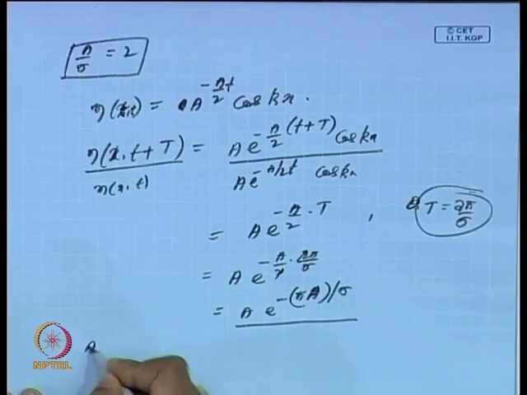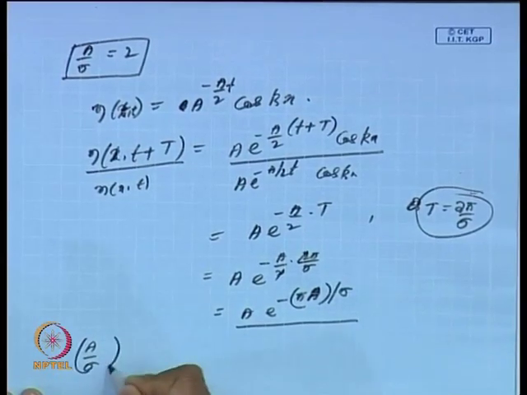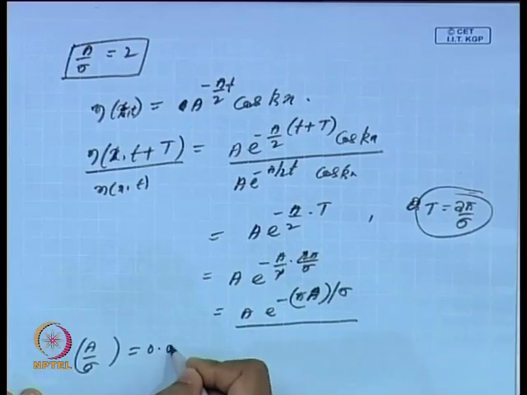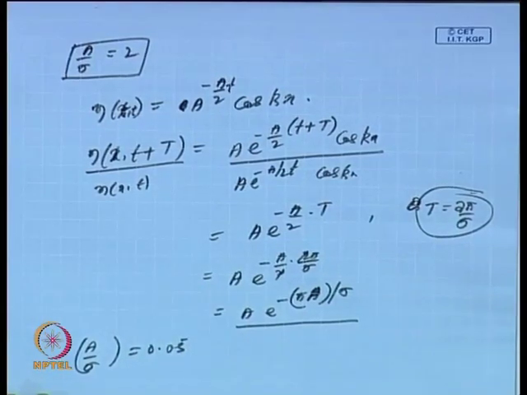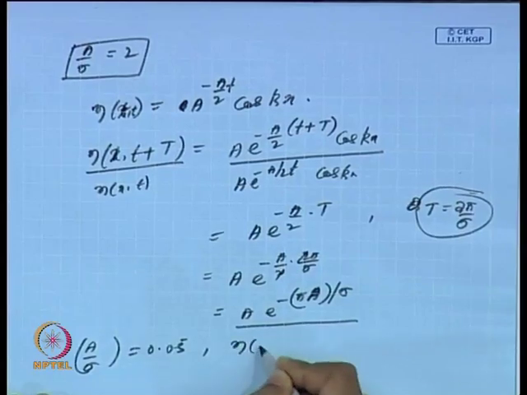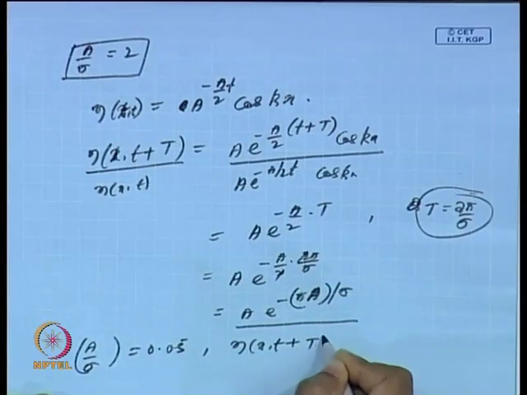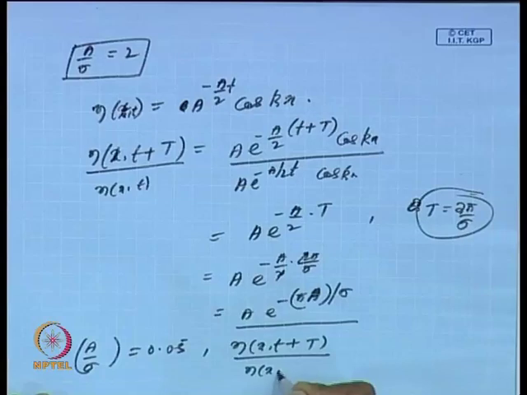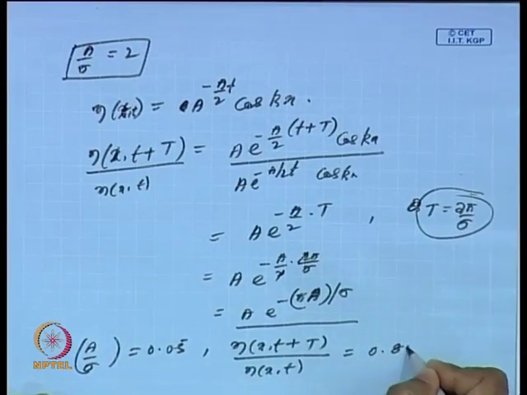Now it can be easily seen that if a/sigma is 0.05, then eta(x, t plus T) by eta(x, t) will give me 0.85. So what does it show?